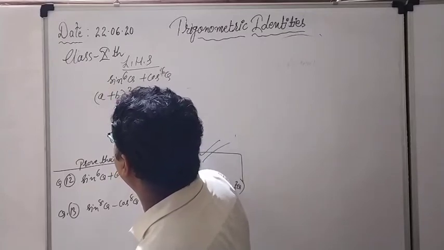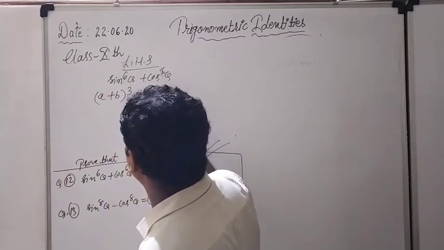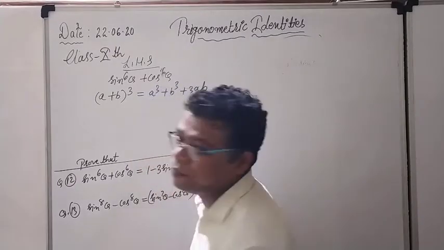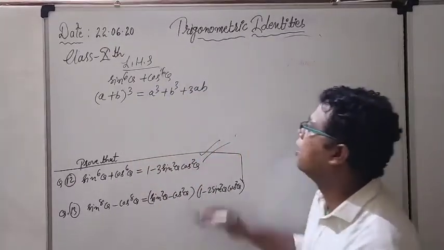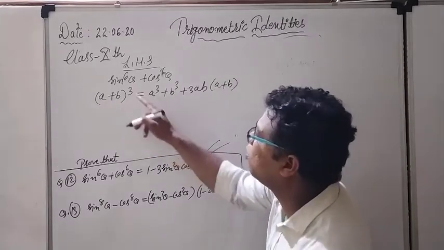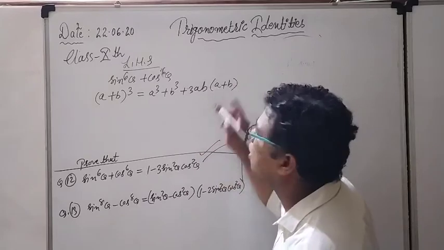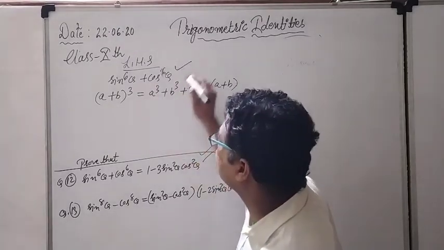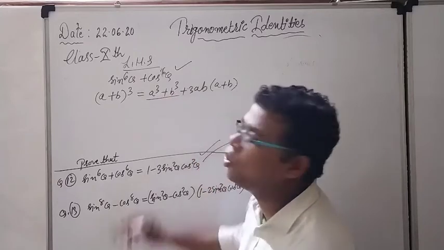A plus B whole cube is equal to A cube plus B cube plus 3ab times the bracket A plus B. This is the formula. And I can convert this question into the form of A cube plus B cube.